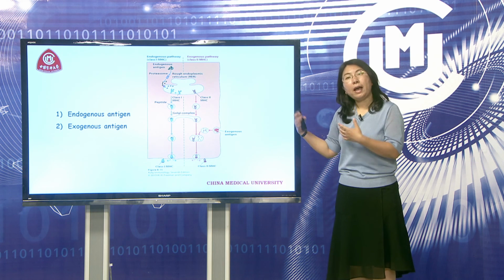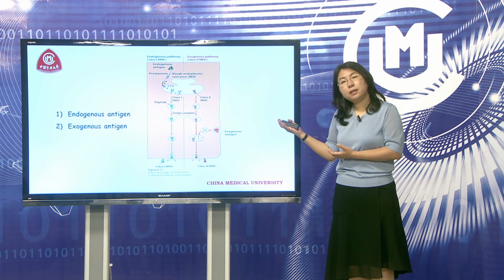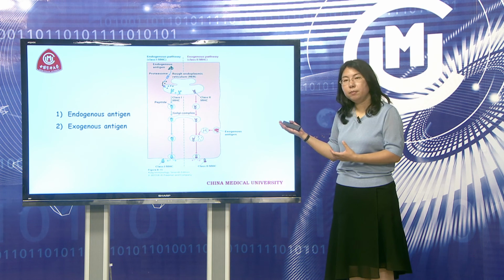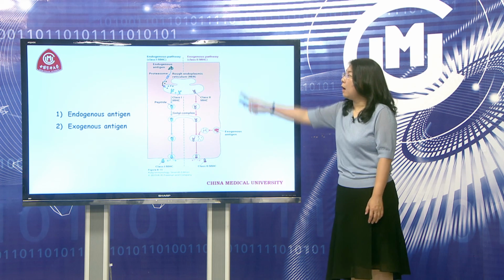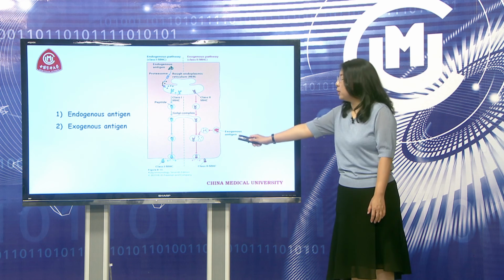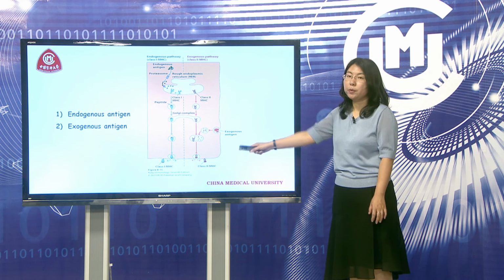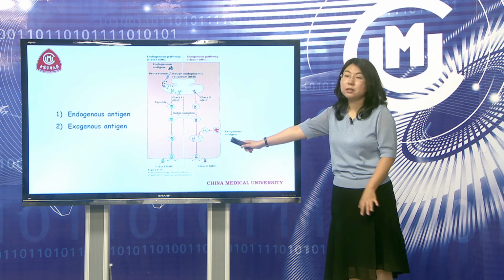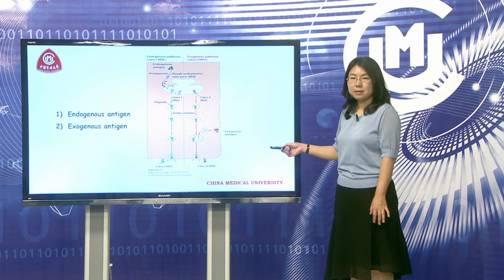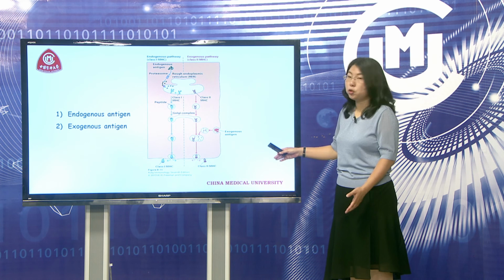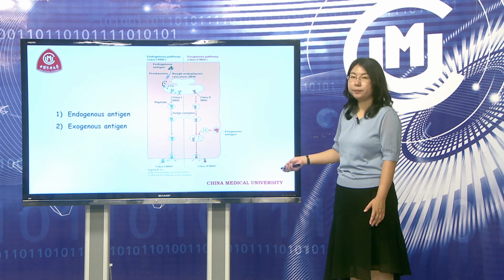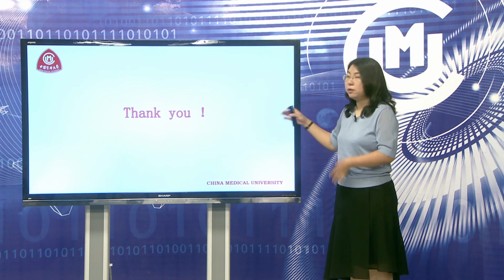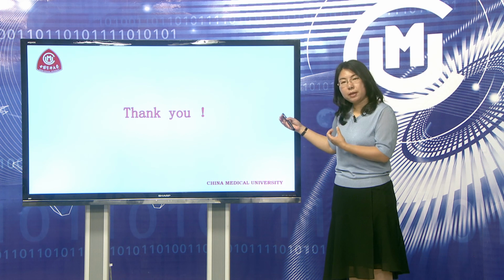Why did I introduce the endogenous antigen and exogenous antigen? Because later we know they have different pathways to be presented by MHC molecule. Normally, the endogenous antigen will be presented on class 1 molecule, and exogenous antigen will be presented on class 2 molecule. So in this section I just introduced some concepts.